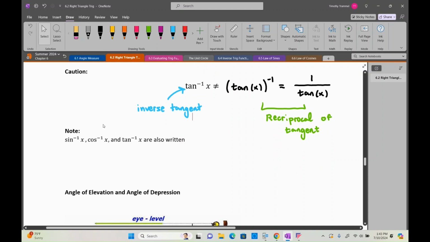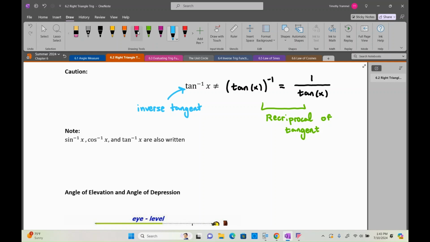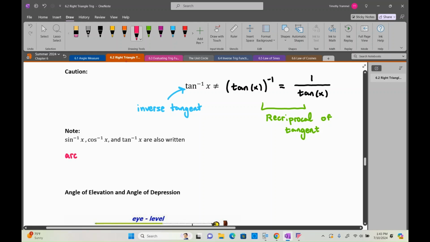So the only other thing I'm going to note here is that for these inverse trig functions, when we go to write them, we will typically write them in the fashion that you see here. But some textbooks like to use arc sine instead of sine inverse of x.